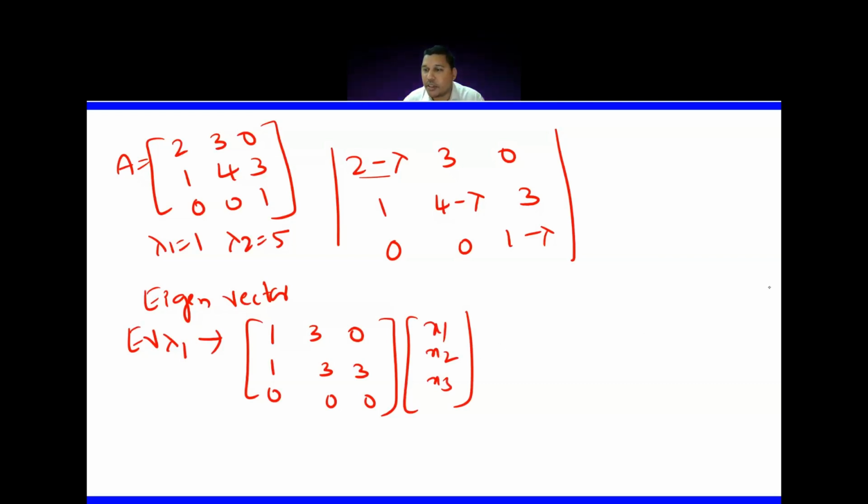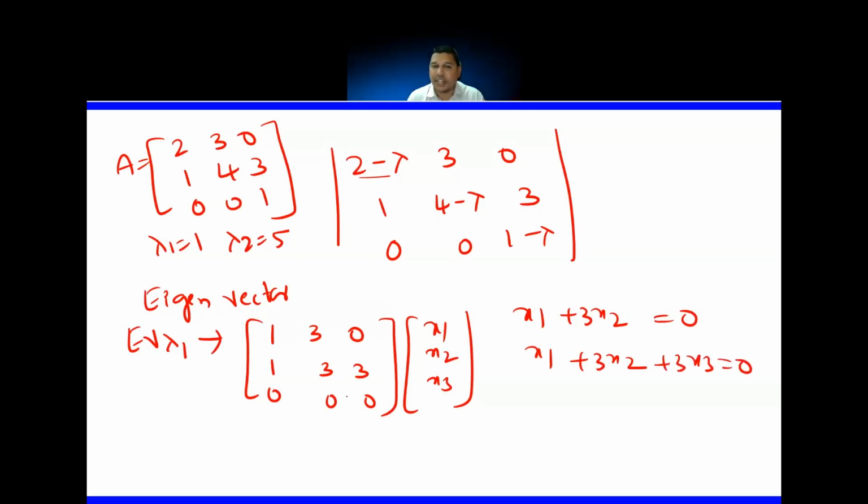The first one is 1 into x1 plus 3x2 equal to 0. Then the second is x1 plus 3x2 plus 3x3 equal to 0. For the third one, we don't have anything.